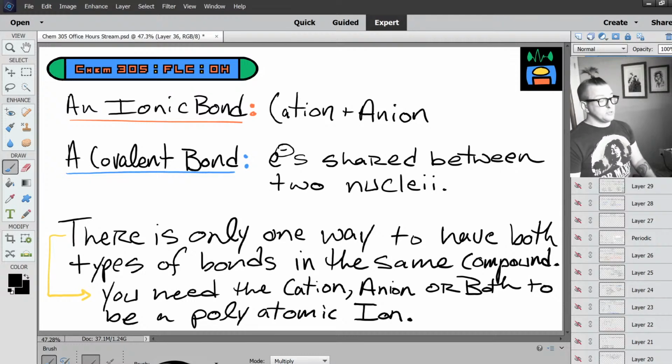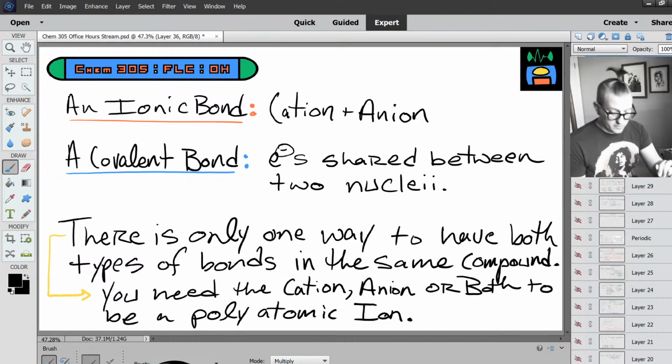All right, that is the only way to have both an ionic bond and a covalent bond in the same molecule. And here's the reason why.